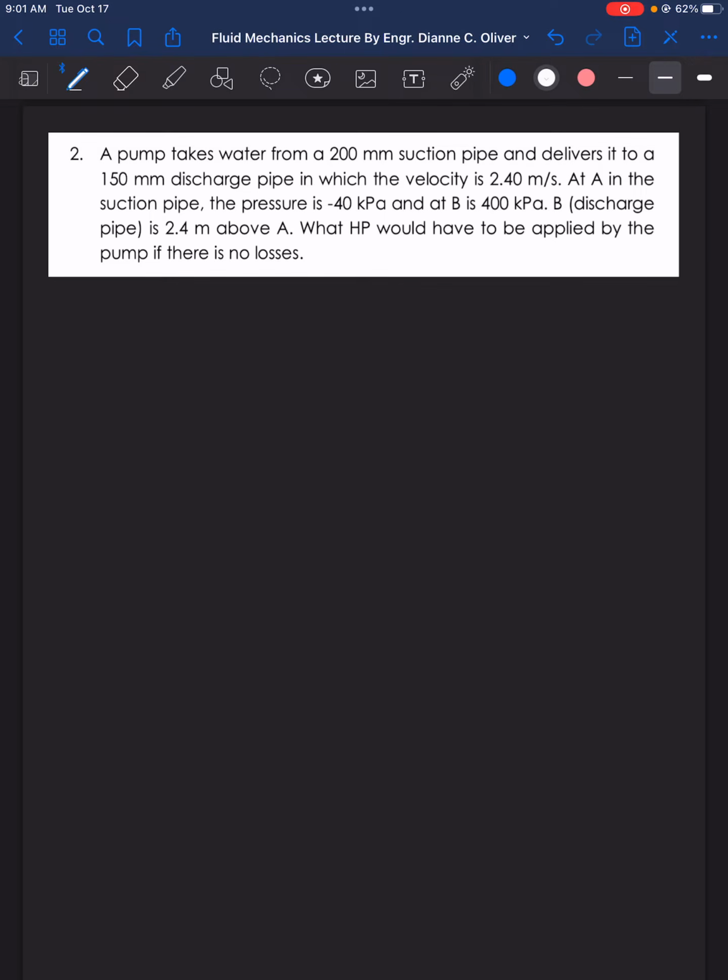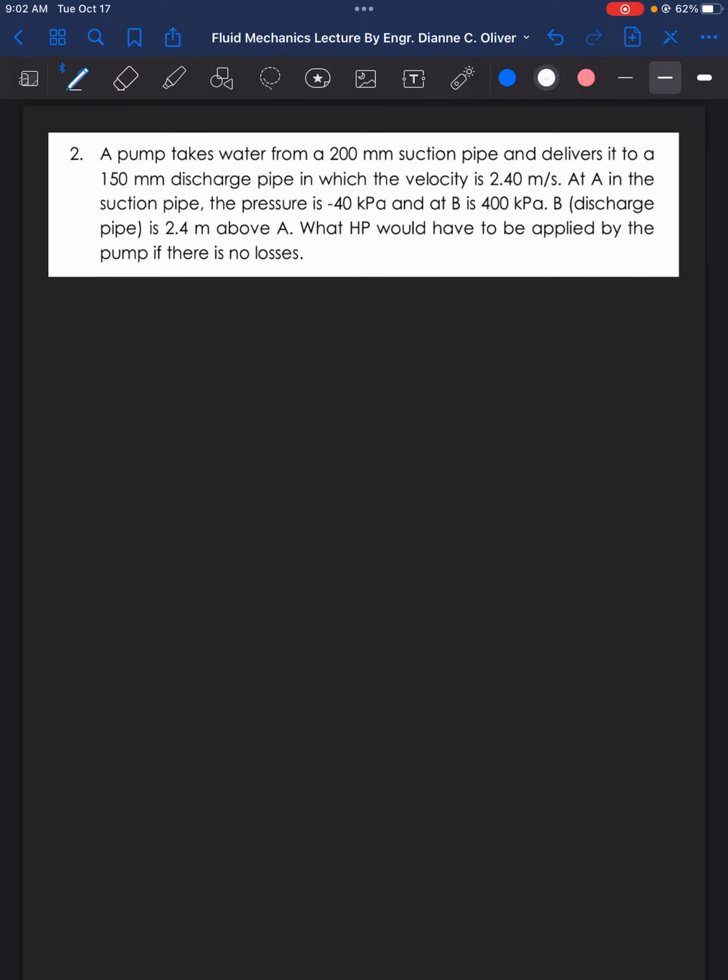At A, in the suction pipe, the pressure is negative 40 kilopascal, and at B, it is 400 kilopascal. B, the discharge pipe, is 2.4 meters above A. What horsepower would have to be applied by the pump if there is no losses? Okay, so no head loss.